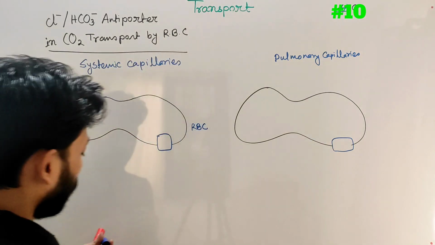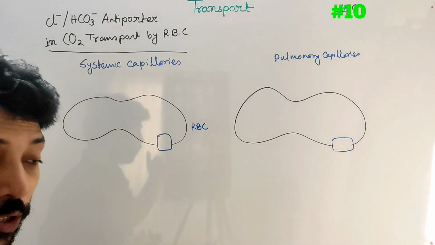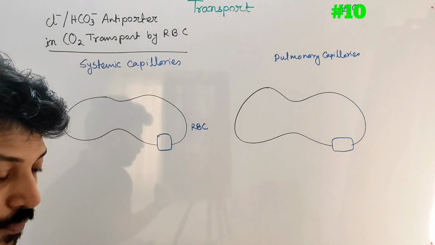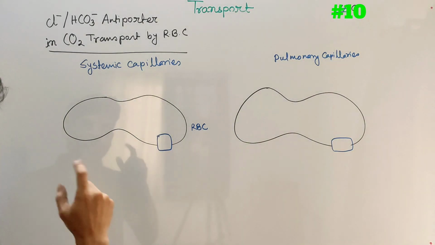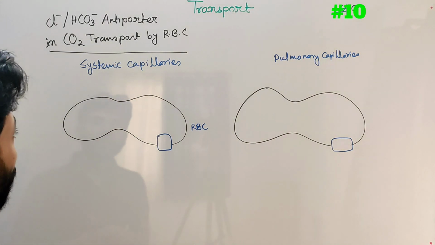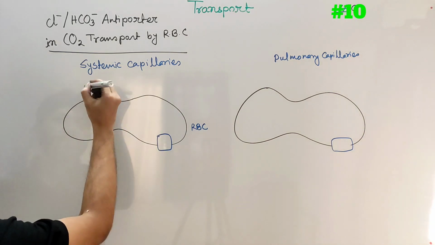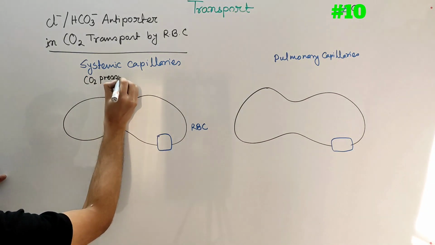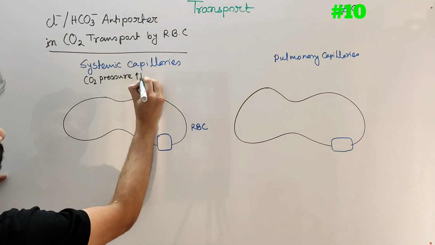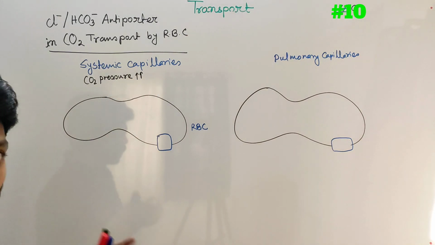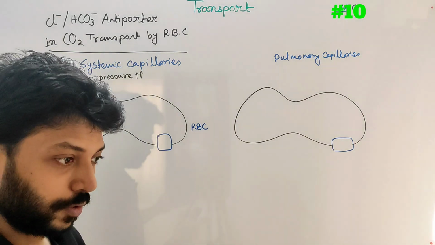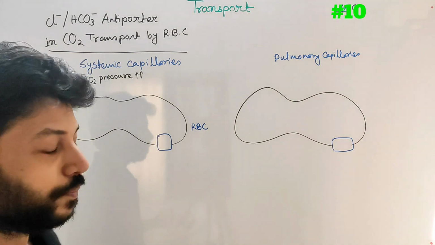So in these two situations, two different reactions occur. That's how these red blood cells carry or transport the carbon dioxide. How it occurs, I will tell you. The first thing we have to understand is that in the systemic capillaries, the carbon dioxide pressure is high, because tissue cells generate carbon dioxide by aerobic metabolism.